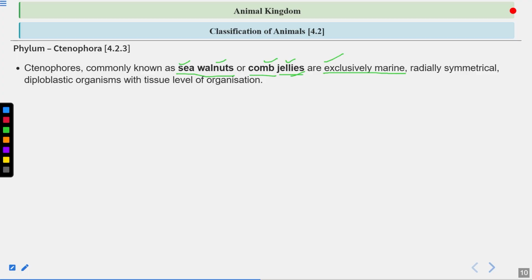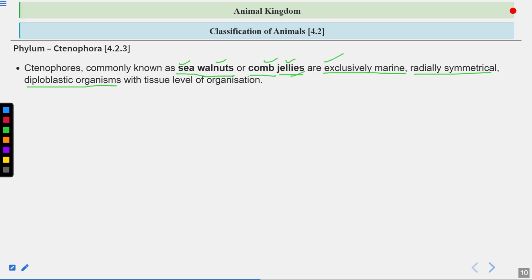Don't get confused that fresh means it has no waste material, right? Sewage is also fresh water. Potable water is the drinking water. Okay. So exclusively marine means all the organisms reported in the phylum Ctenophora are found in the marine environment. Radially symmetrical.